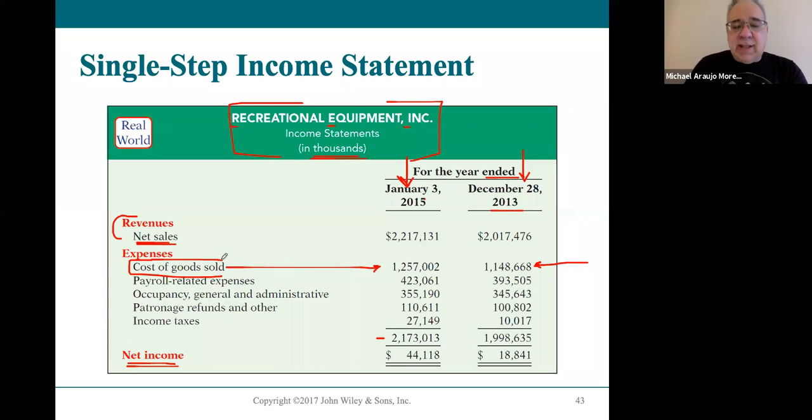So again, it's the biggest expense. As you see, cost of goods sold is the largest expense that retailers and merchandisers have. Much bigger than labor. Payroll is labor, right? Much bigger than labor, almost 3 times as large.